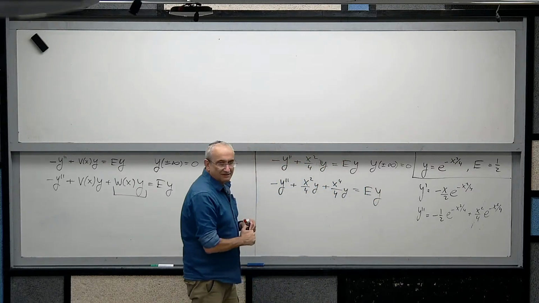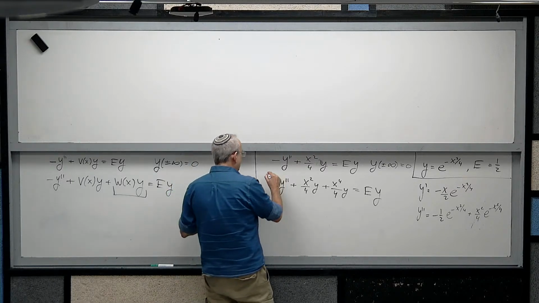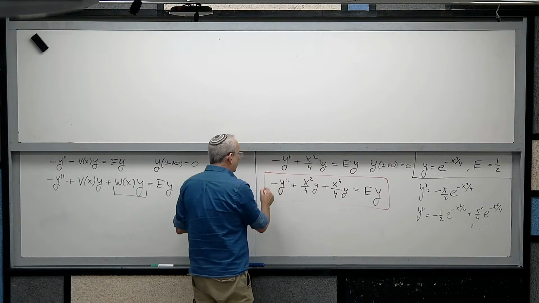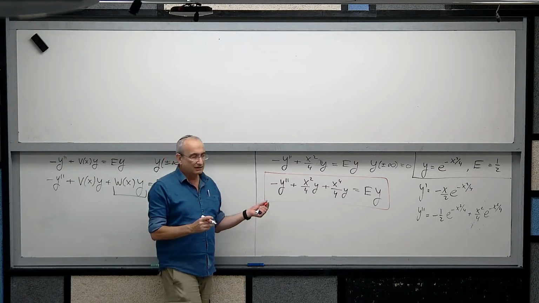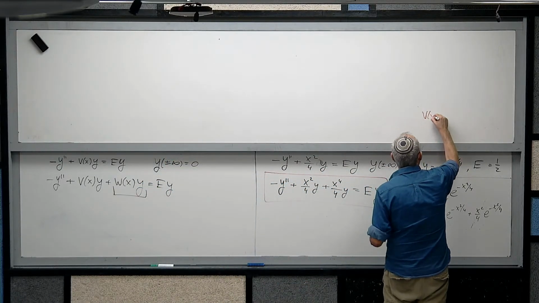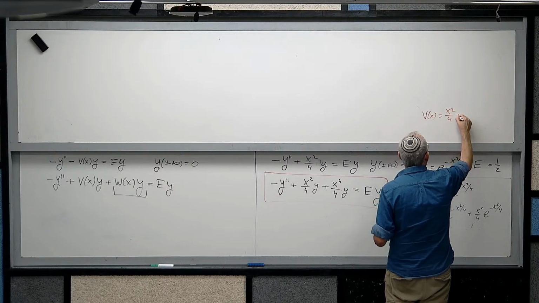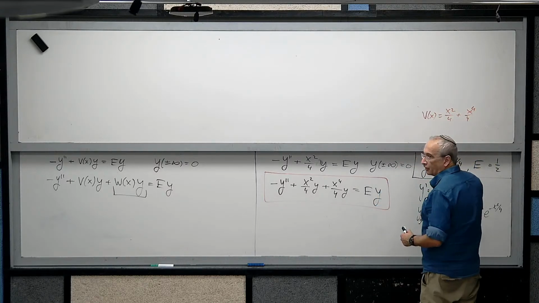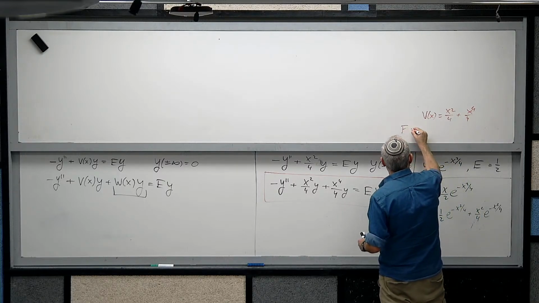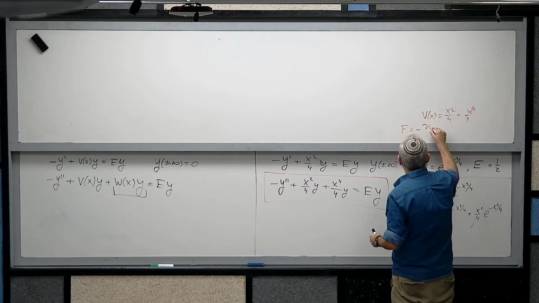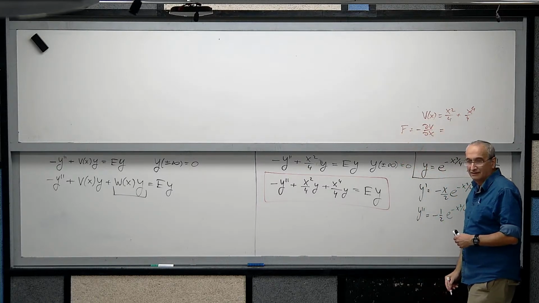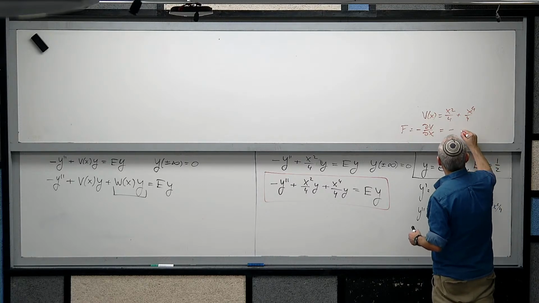You see? This is the Schrödinger equation for the anharmonic oscillator. You see why it's anharmonic? Right? It implies that if v of x is x squared over 4 plus x to the fourth power over 4, then f, the force in the corresponding classical Newtonian equation, is minus dv over dx, as you remember from the first year, and this is minus 1/2 x.